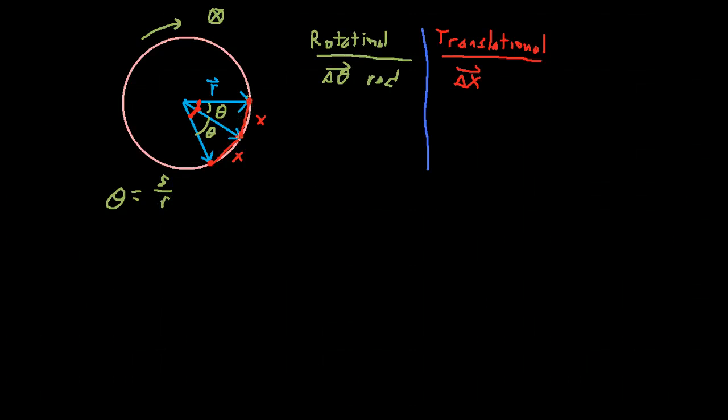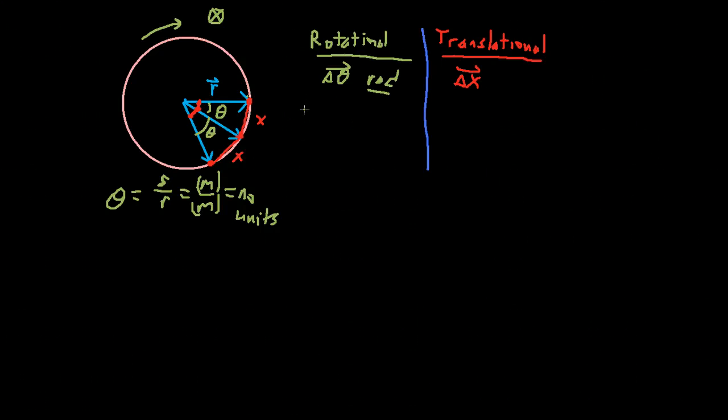So the length of this arc divided by the radius will give us the angle. If I was measuring these in meters, I would get meters over meters, which would give me no units. But to differentiate between the no units that we get when we calculate the angle and other no units, we call them radians, because they do represent angle. At least then we know what we're talking about.